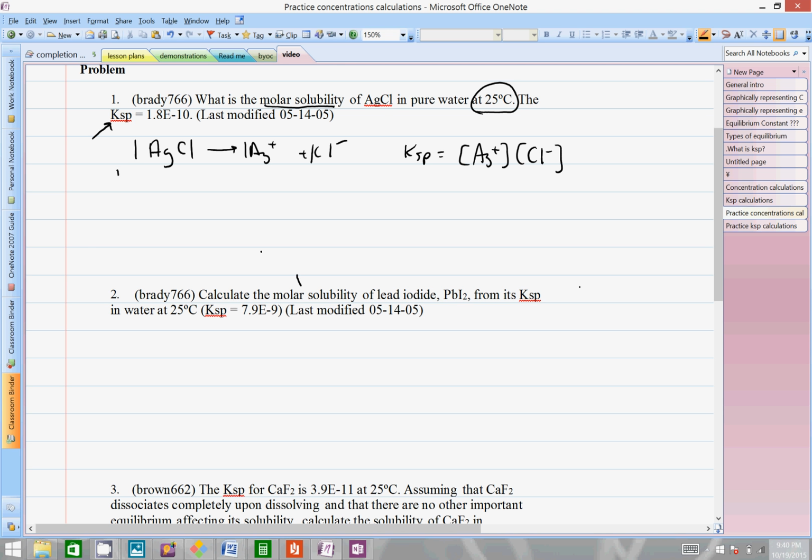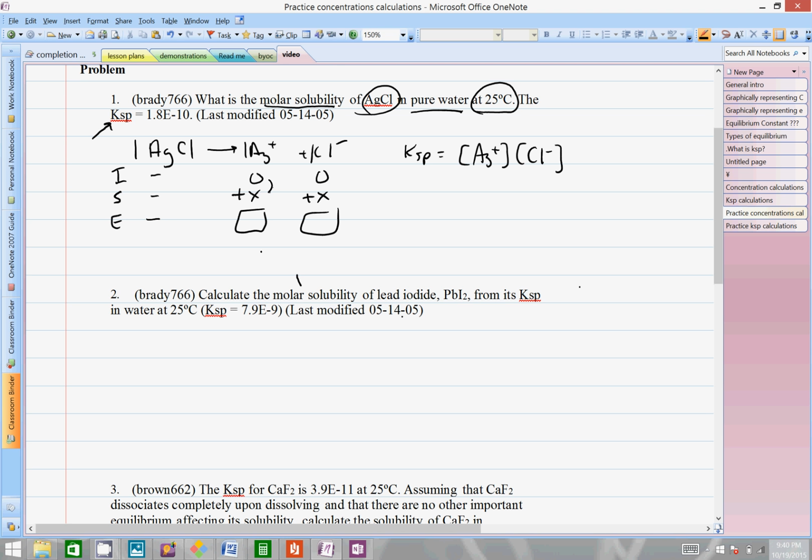So initial, stoichiometric ratio, equilibrium. Solids do not play a role, and they're saying pure water, so I have nothing in there beforehand. They want to know the concentration of basically these items. Well, technically they want just the silver chloride, but all these numbers should be the same. Now, as this thing starts to dissolve, I will gain x of this guy, and I will gain an equal amount, x, of that guy.